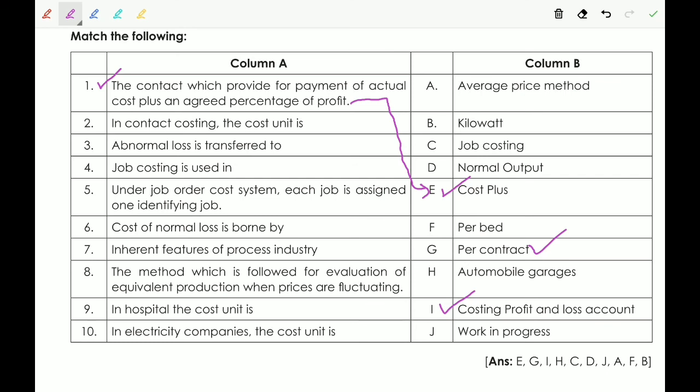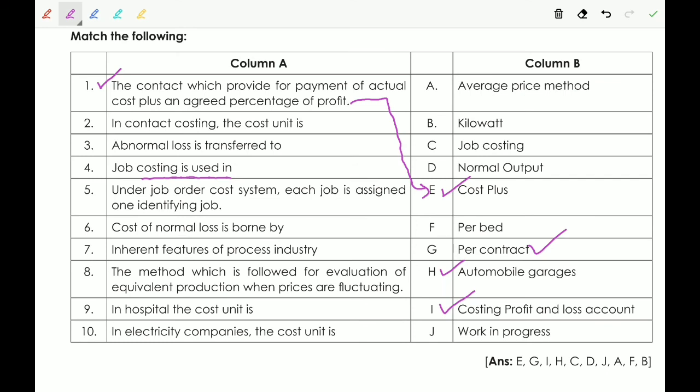Next, fourth one. Job costing is used in automobile garages. Next, fifth one.